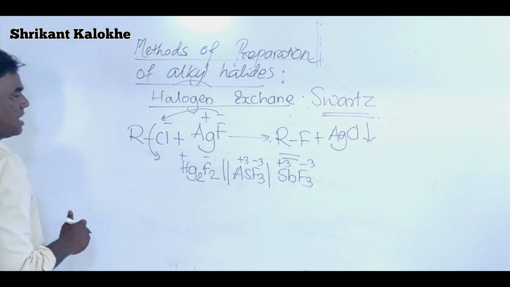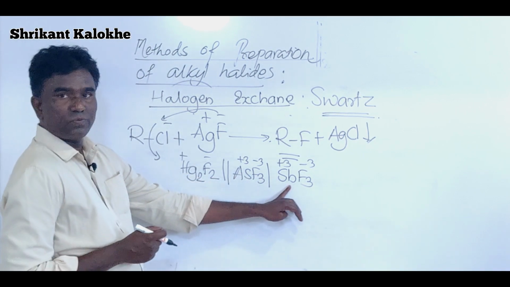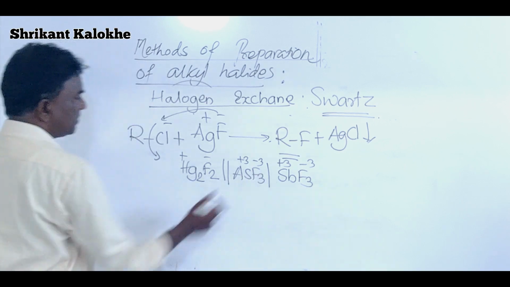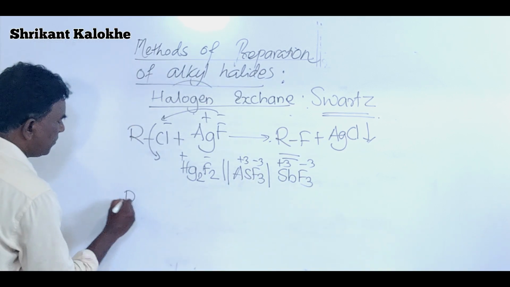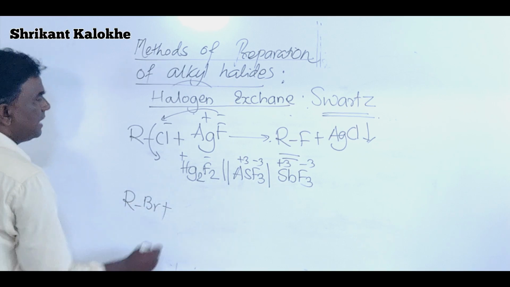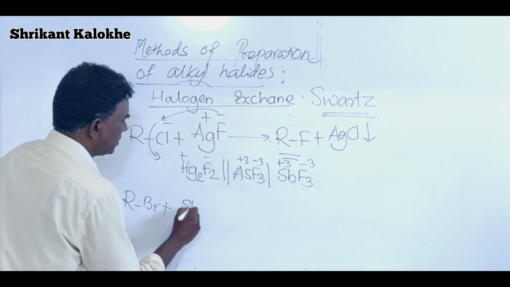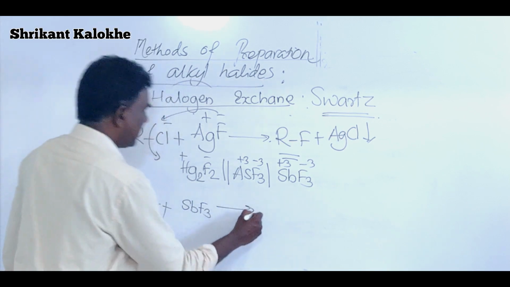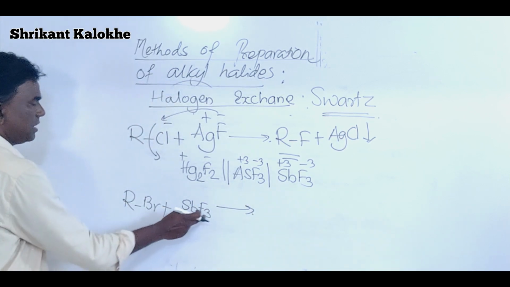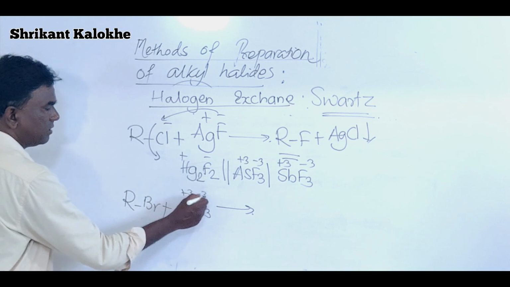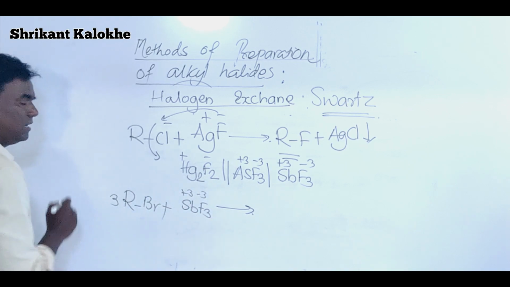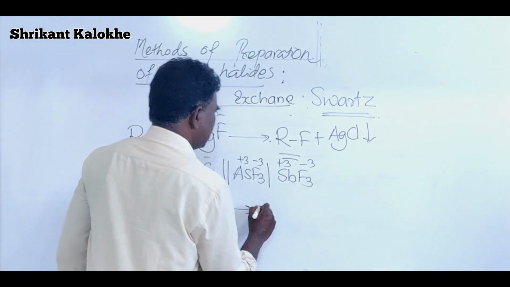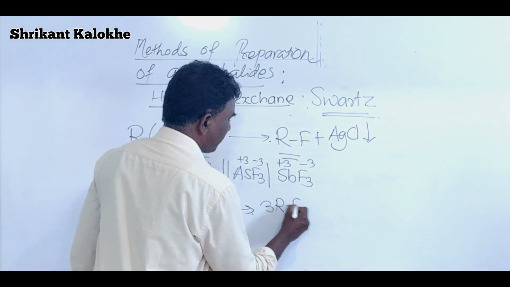I would show you one reaction with this trivalent antimony salt, in which antimony is trivalent. For example, if we take RBr and we treat it with SbF3, antimony fluoride, then what happens? Three fluorides are available here, and therefore three alkyl bromides are to be taken, and they will give us three molecules of RF.